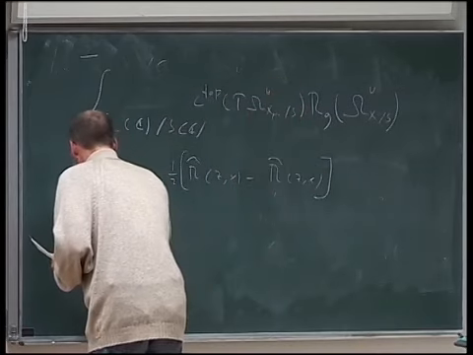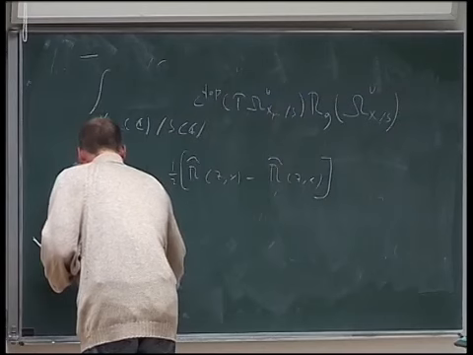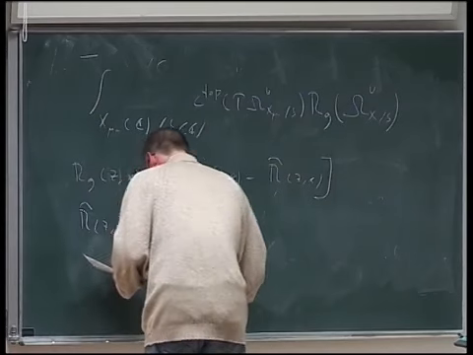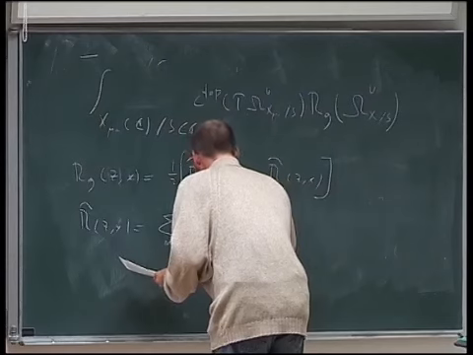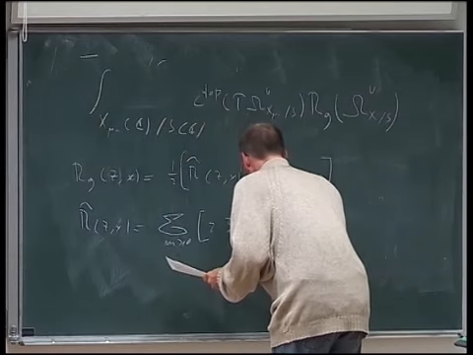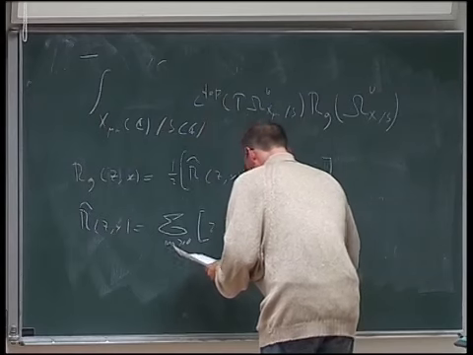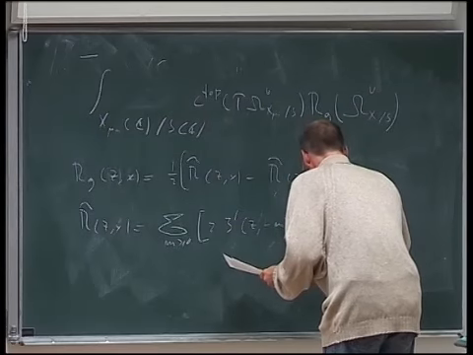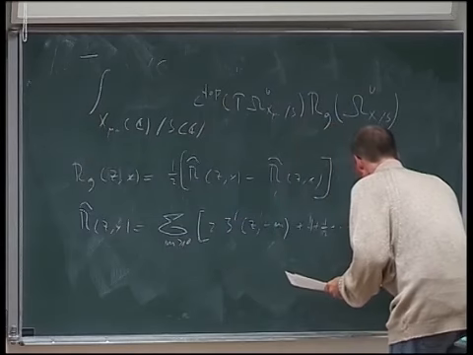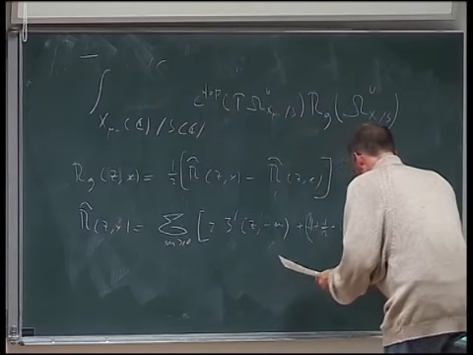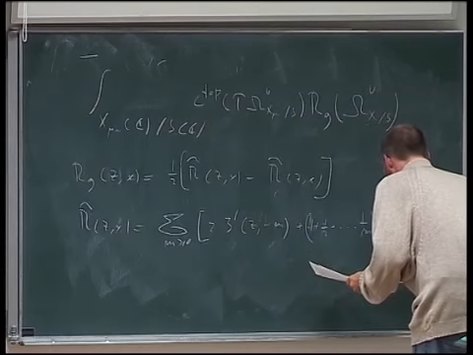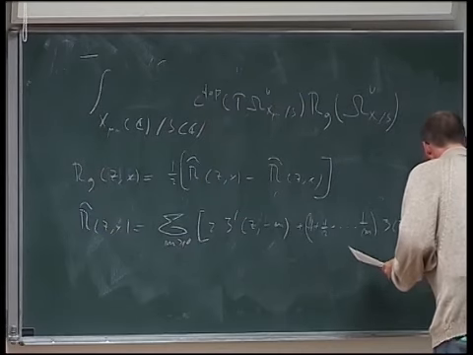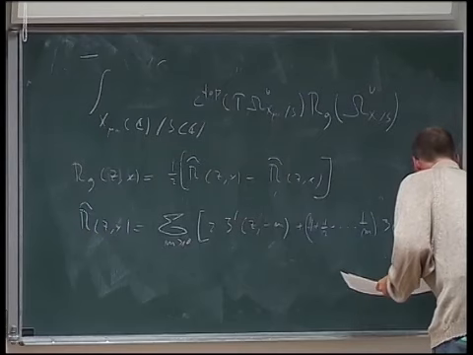R tilde of Zx is equal to the sum over m larger than 0 of 2 zeta prime of z minus m plus 1 plus 1/2 plus ... 1/m times zeta of z minus m, and this then multiplied by m factorial.